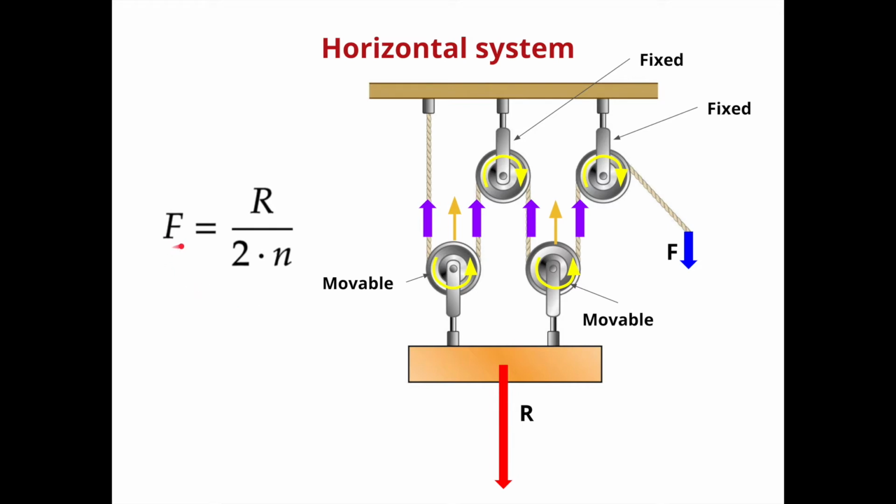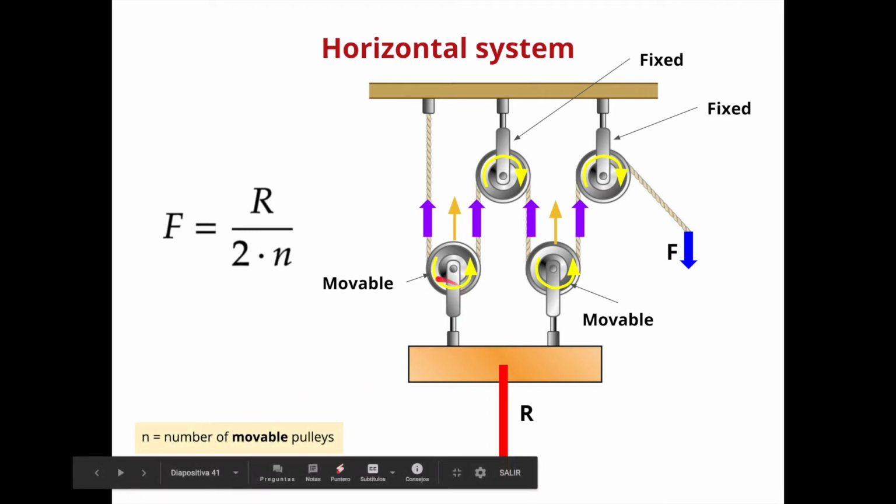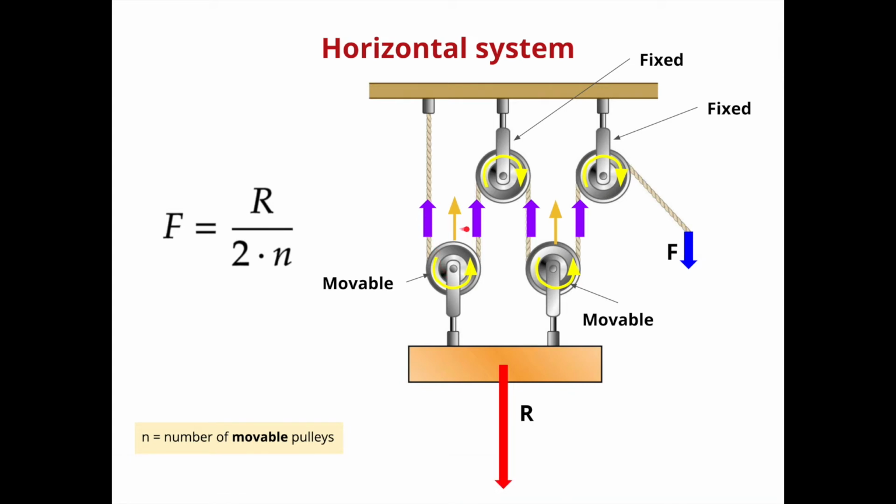The force is equal to the resistance divided by 2 times N. And what is N? N is the number of movable pulleys. So for each movable pulley, the force is going to be divided by 2. And that's what we have here.